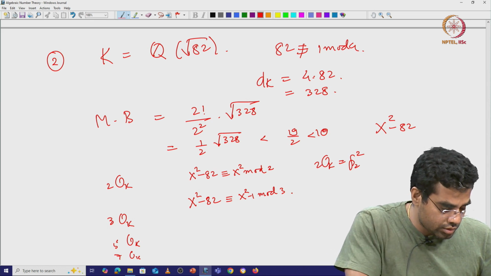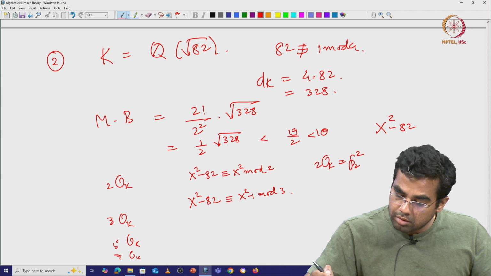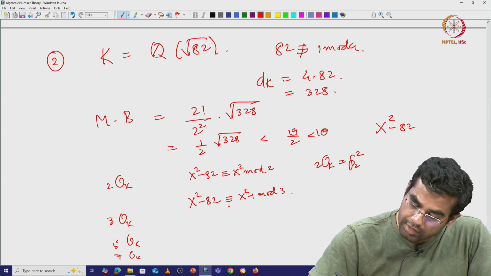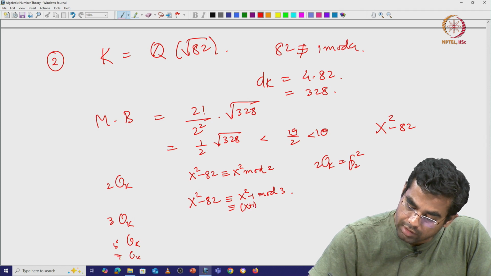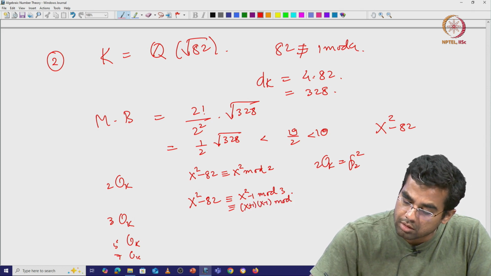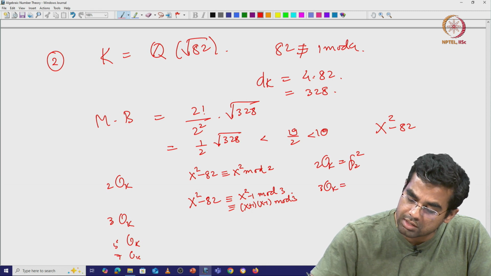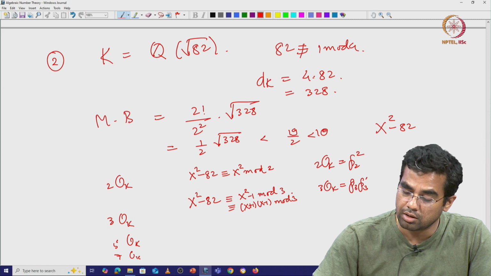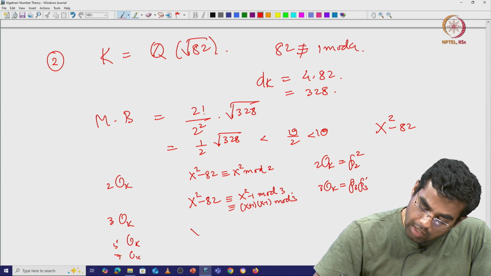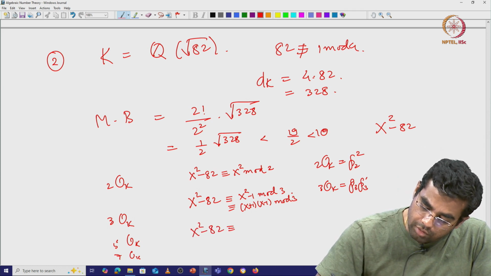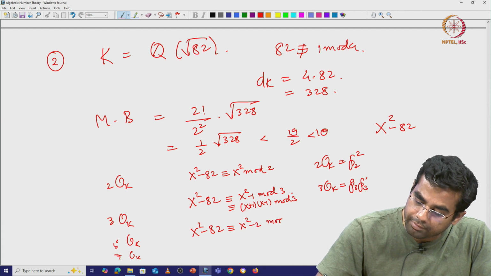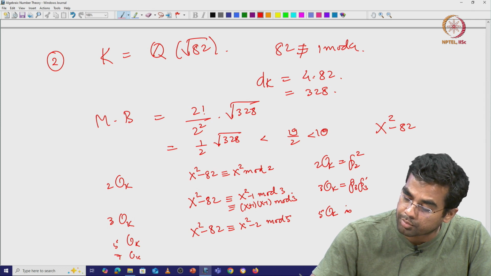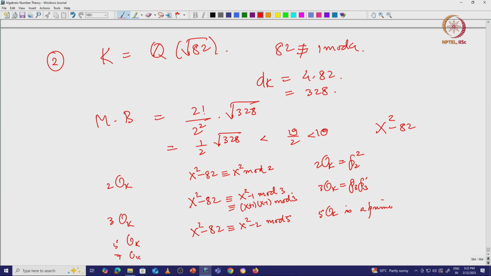So this factorizes as the product of x plus 1 and x minus 1 mod 3. So, 3 OK is some P3 times P3 prime, two distinct primes in OK. And x square minus 82 is congruent to x square minus 2 mod 5, and this is irreducible. So, 5 OK is a prime, and we do not have to worry about that.